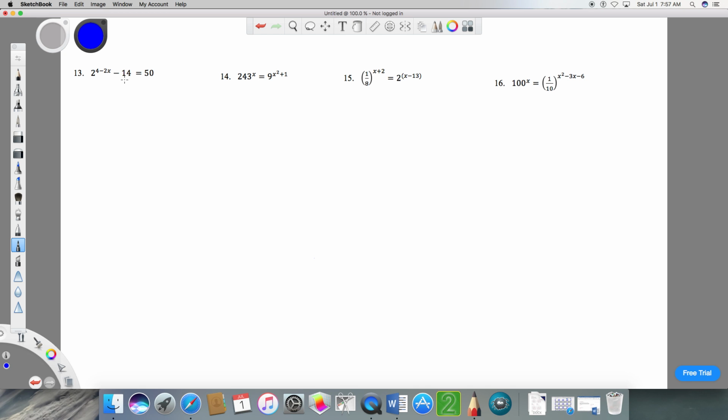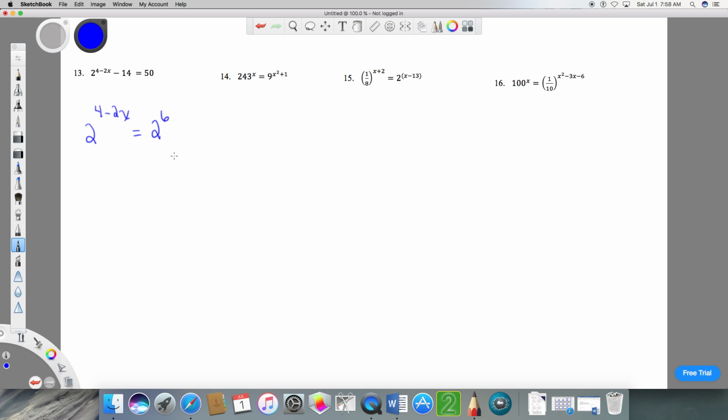So on the left-hand side, on number 13, I have two terms. I need to add 14 to each side to get the term that contains my variable by itself. So by adding 14 to the right-hand side, I get 64. So now I want to rewrite the number 64 so that it has a base of 2, and 2 to the 6th power is 64.